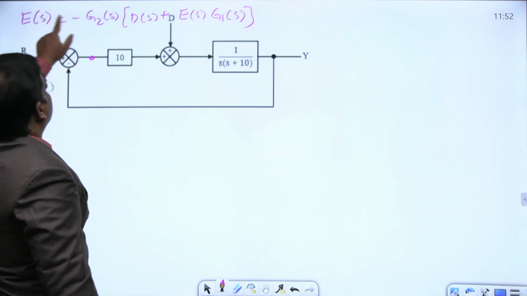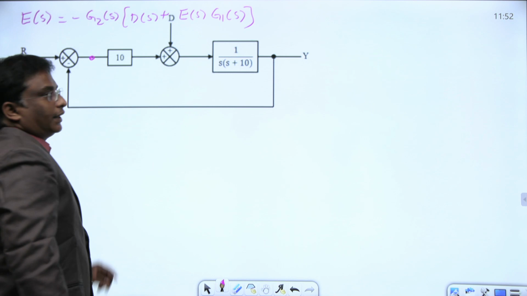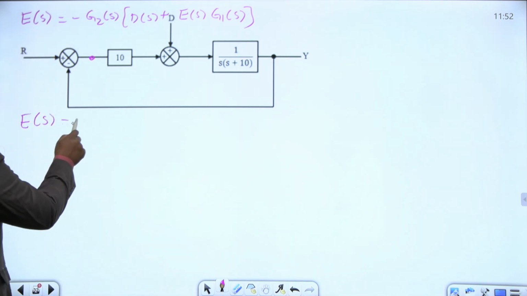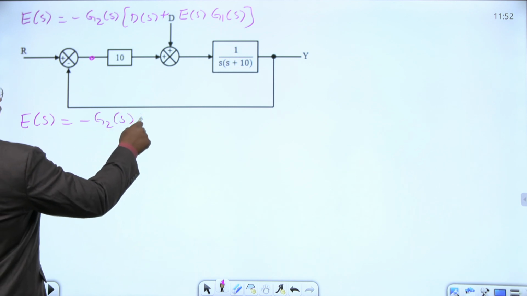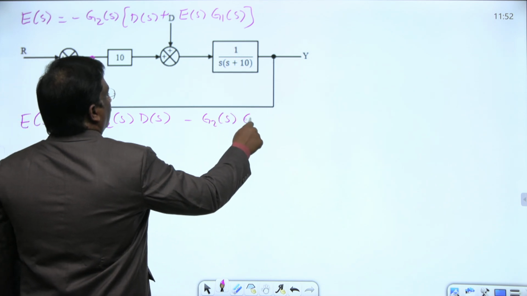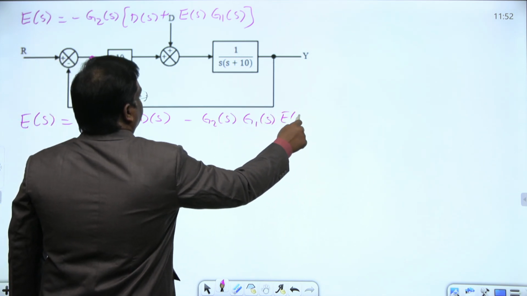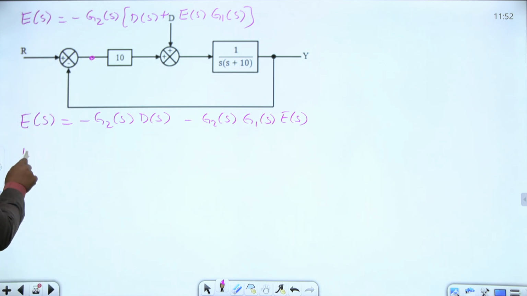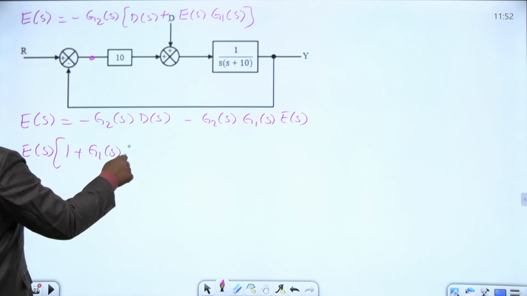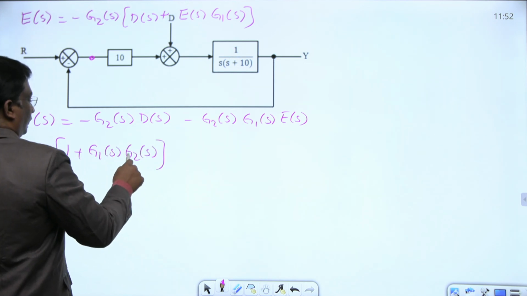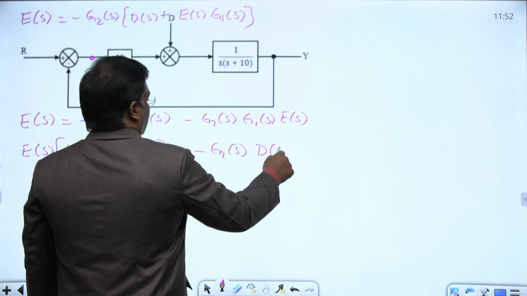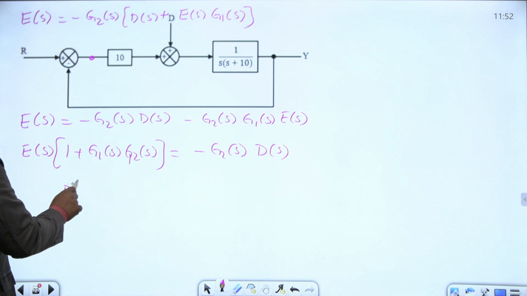This is E of S, here also you have E of S, so separate the terms containing E of S. This is E of S equals minus G2 of S into D of S minus G2 of S, G1 of S into E of S. This term I am taking to the LHS: E of S into 1 plus G1 of S, G2 of S is equal to minus G2 of S into D of S. Then what is the steady state error E of S?